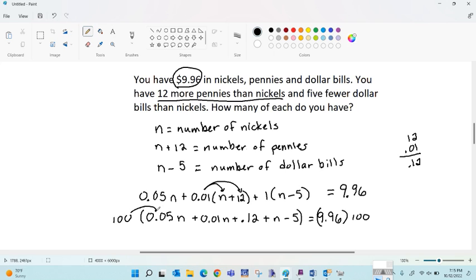So we're going to do this. Distributing a lot, I have 5n, I have 1n, I have 100 times 0.12, which is 12. I have 100n, and I have minus 500.